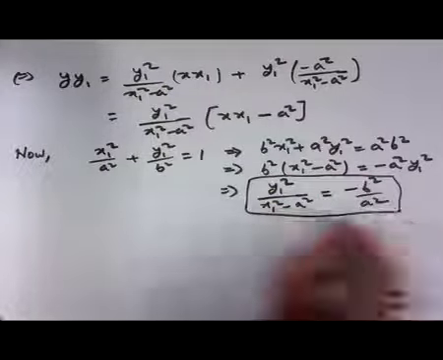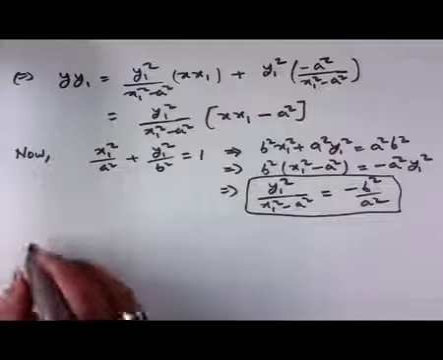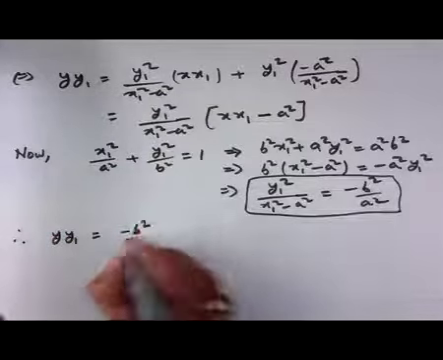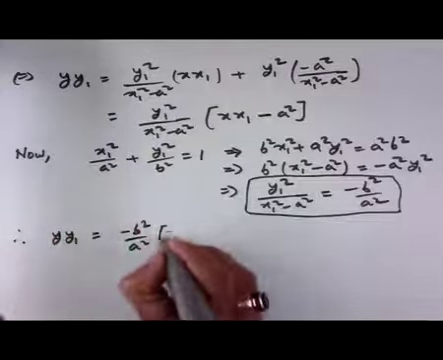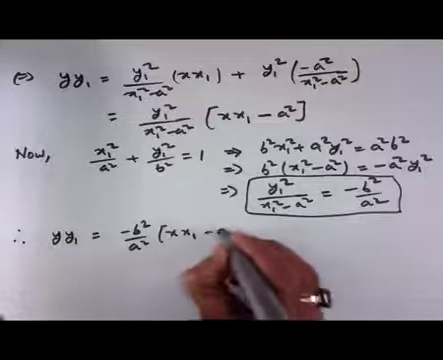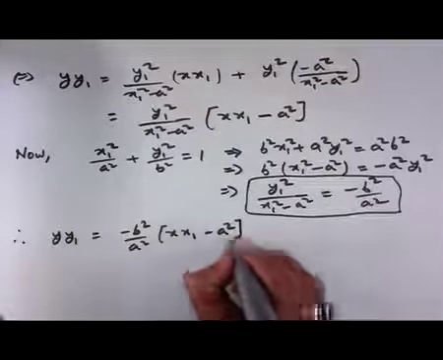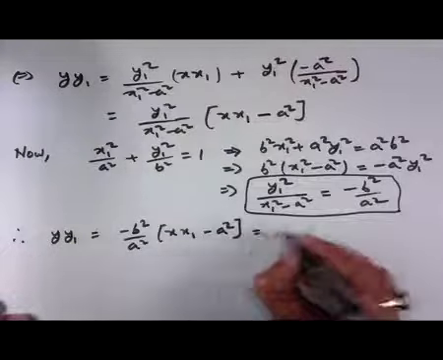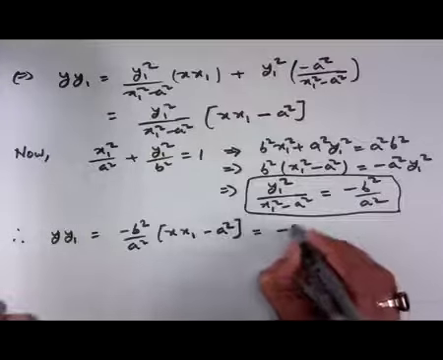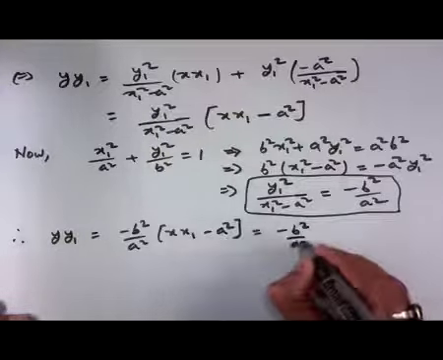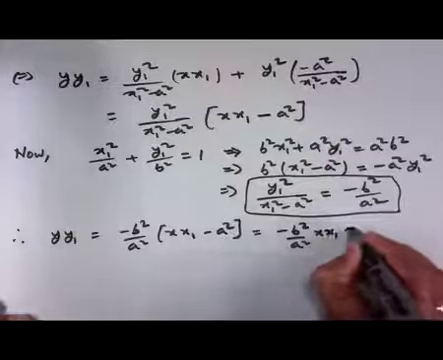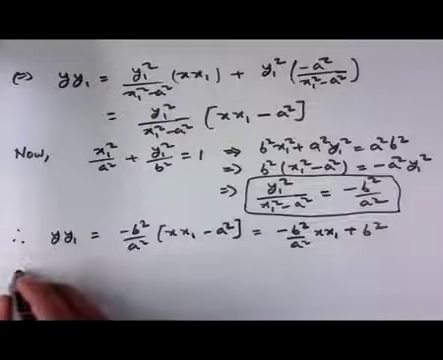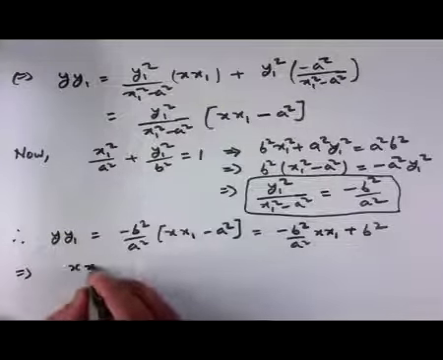So, we put it back in the above equation to get y1 equal to minus b square by a square times (x1 minus a square), which is equal to minus b square by a square x1 plus b square.